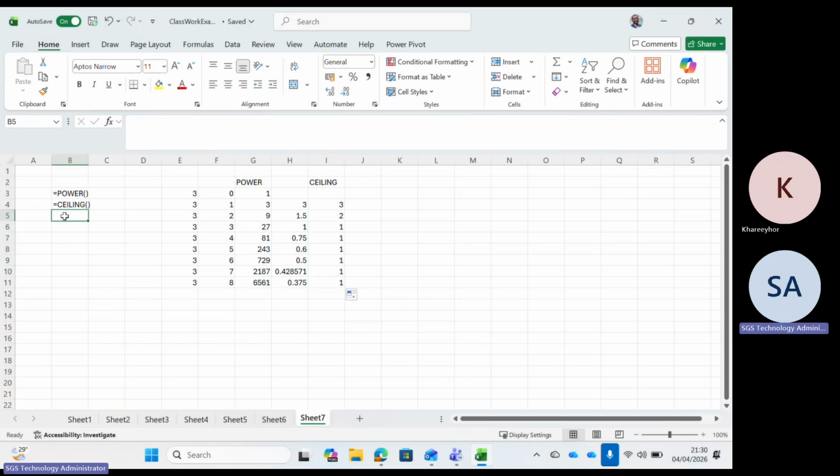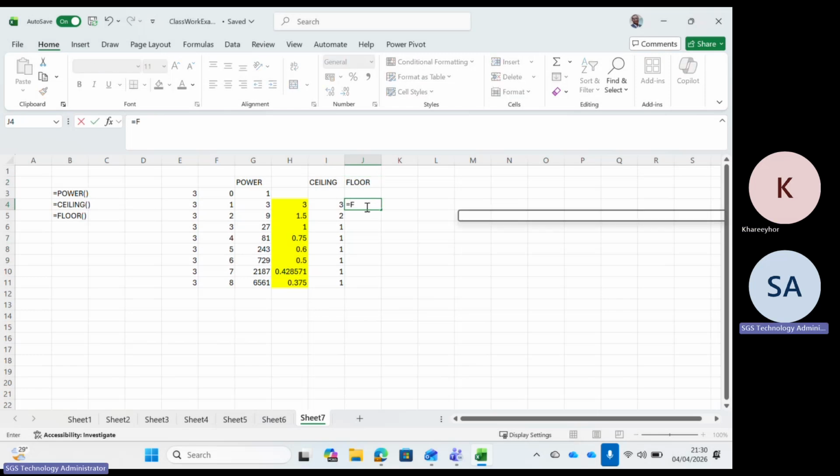So let's see what happens with FLOOR. That's another function that we want to learn today. It will round a number down. So the function is FLOOR. We are going to use these same numbers again, and this time we are going to floor them.